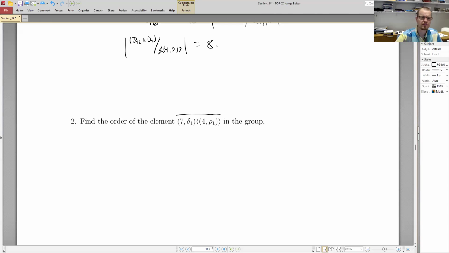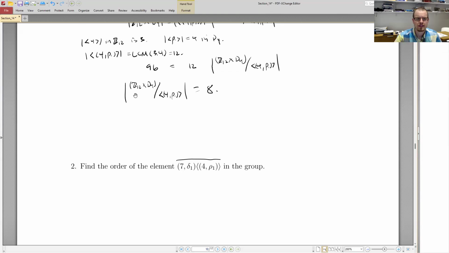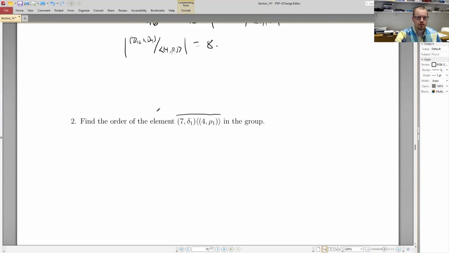All right. Now, order 96, order 12, this has order 3, this has order 4 inside of there. Yep, okay. So find the order of this thing. So the identity element in our quotient group, Z12 direct product with D4 mod what's generated by 4 row 1.